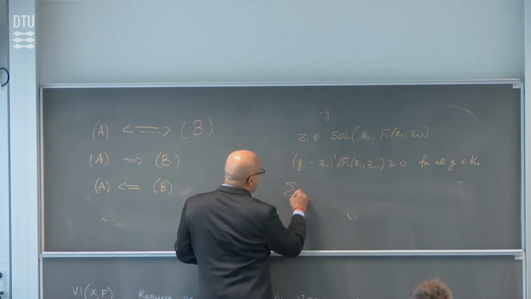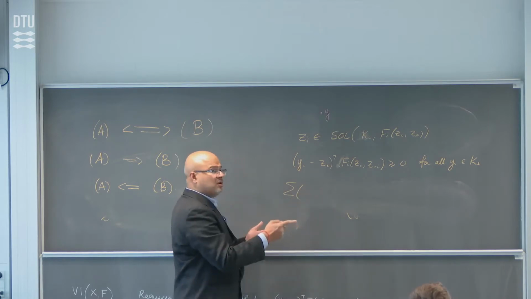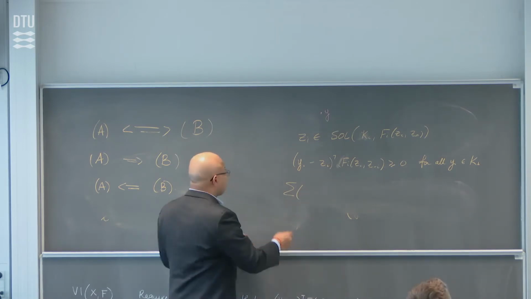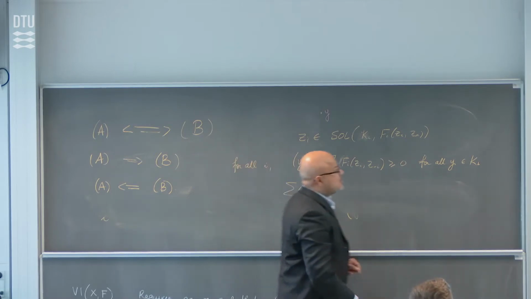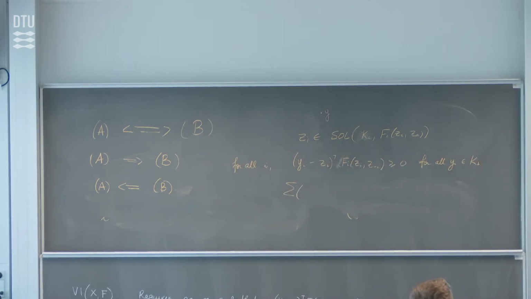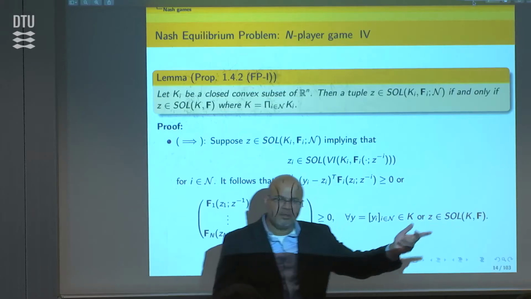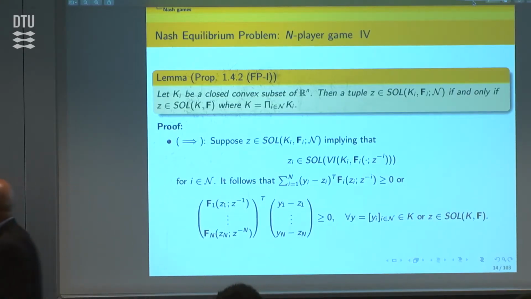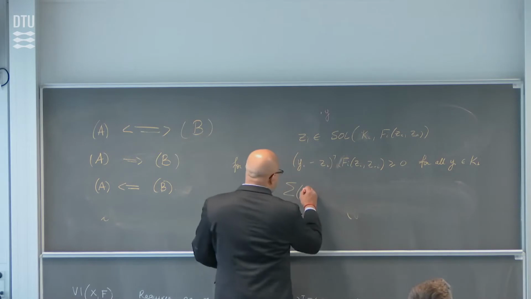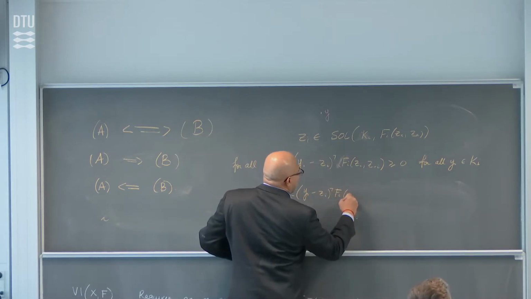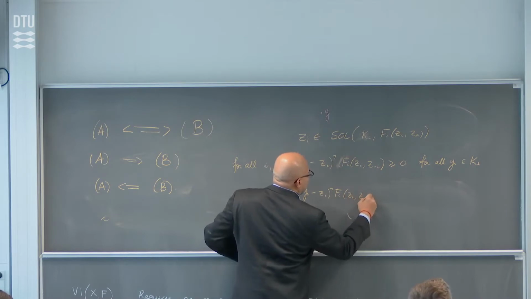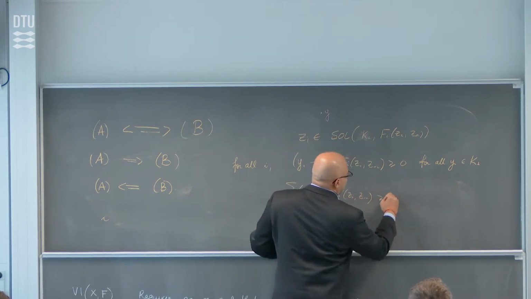Now, this holds for all i. Why? Because Zi lies in this for all i. So if I sum up these inequalities, then what you have is, right?